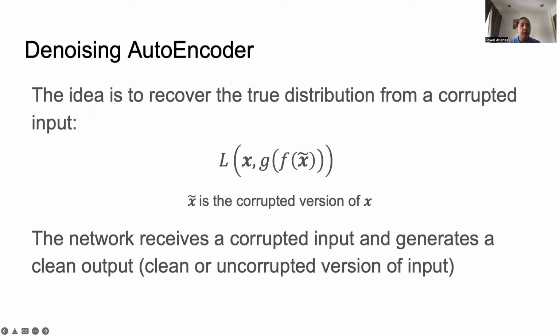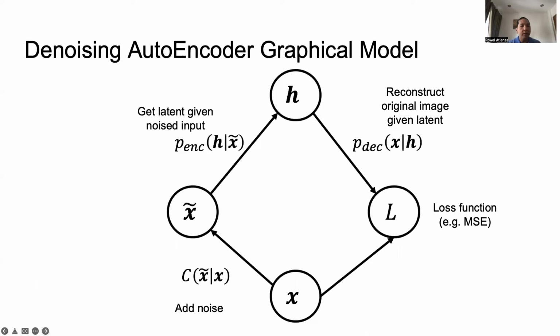Essentially, our reconstructing autoencoder can become a denoising autoencoder by simply changing the input. Instead of feeding the network with clean data and reconstructing it, we feed it with dirty or noisy data. Then we force the decoder to recover the clean data. The graphical model of the denoising autoencoder is shown here.